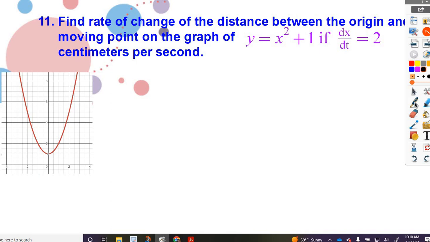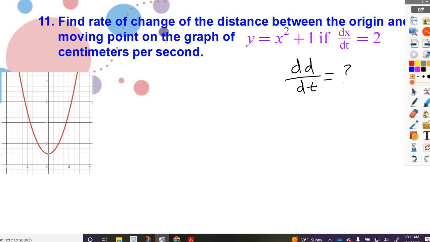If they're asking us for the rate of change of the distance, how would I represent that? dD dt is going to be my unknown. You can pick whatever variable you want. If that makes you uncomfortable, you don't have to put it that way.